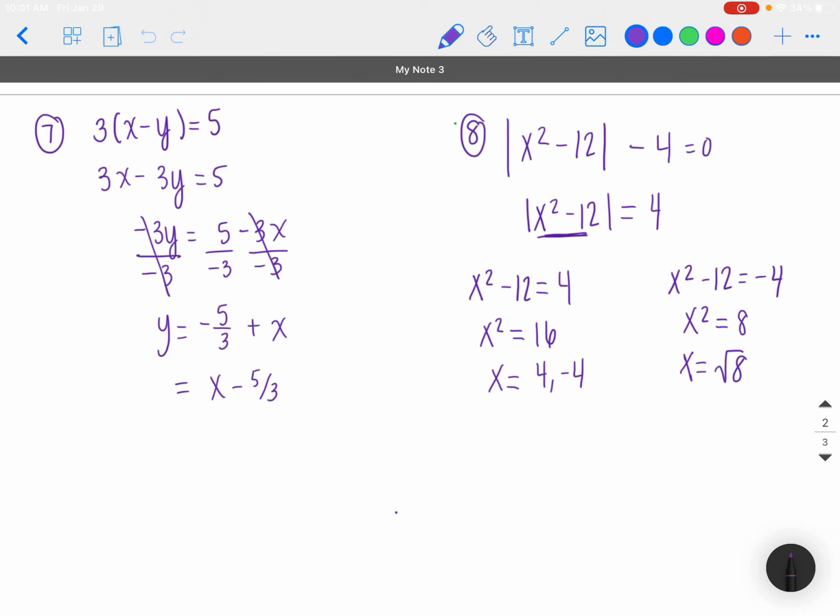So if you don't remember how to simplify those radicals, you could just type in square root of 8 in your calculator, get a decimal, and then see which of those answer choices also match. But I know that 4 goes into 8, and 4 is a perfect square, and the square root of 4 is 2. So 2 radical 2. Now this question does ask for an irrational number, and even though I see 4 on there, that's not irrational. So I'm going with 2 radical 2, which is C.